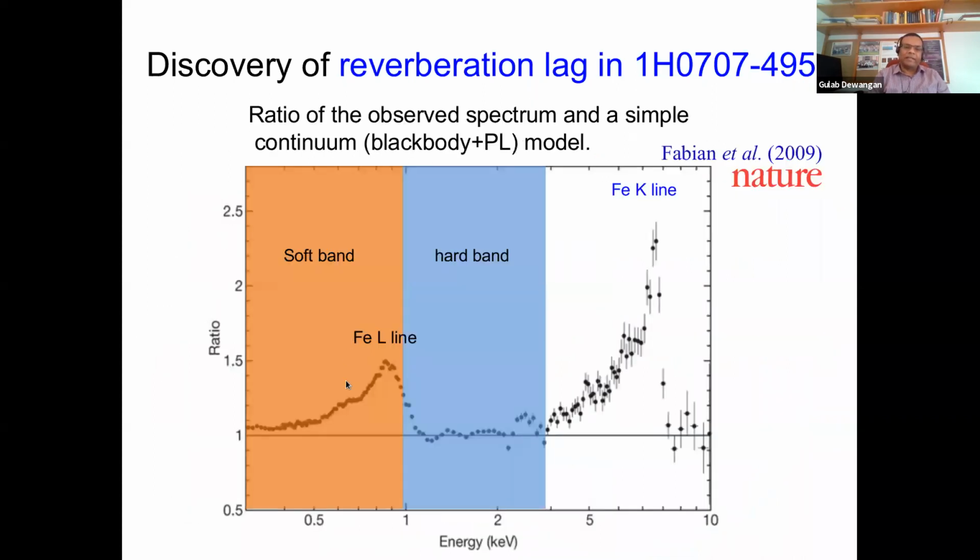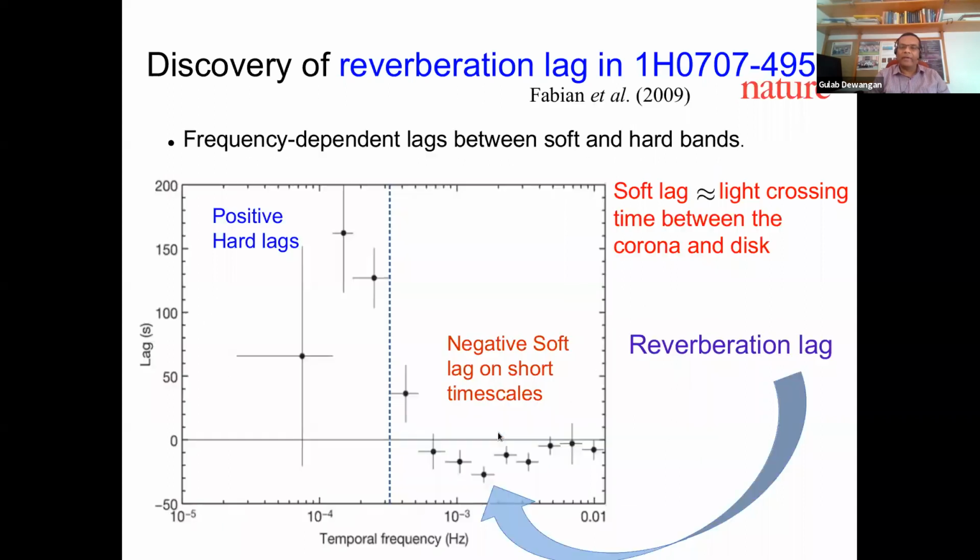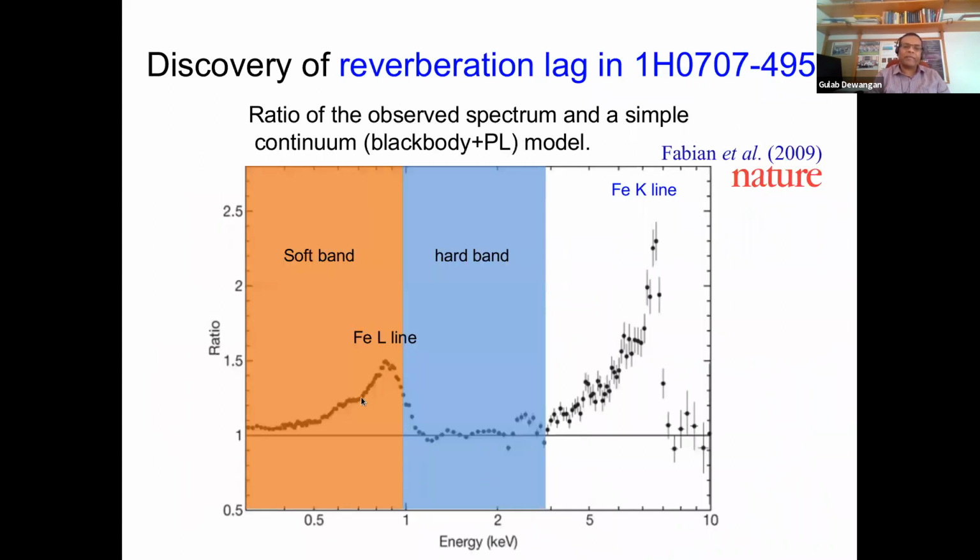That means this particular band is leading the illuminating band on longer time scales. While at shorter time scales, when you are looking at rapid variability, it is the soft component that is getting delayed compared to the illuminating or hard component. And this delay is about 30 seconds. In this particular case, this band is dominated by this iron L line.